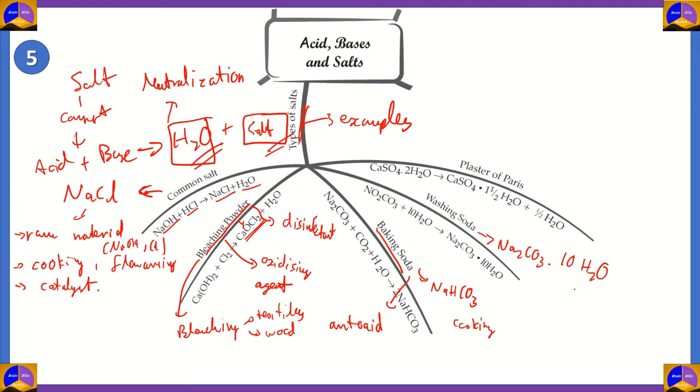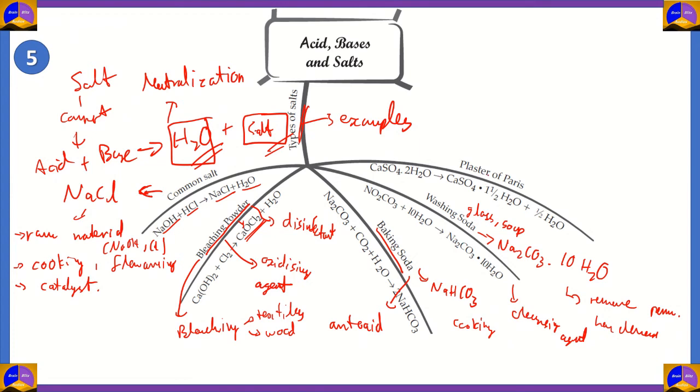When it comes to water, washing soda is used to remove permanent hardness of water. It is also used as a cleansing agent, and hence the name washing soda. We can also use it to make substances such as glass, soap, paper, borax, etc. So washing soda is pretty important.